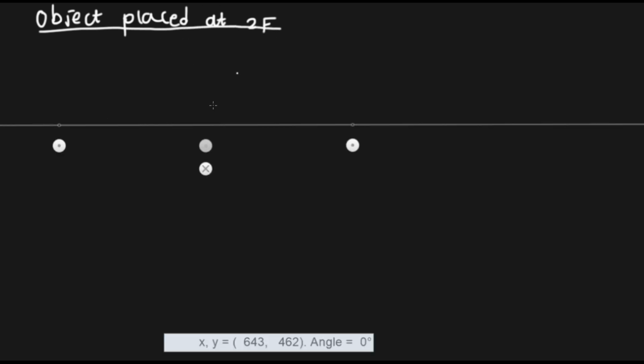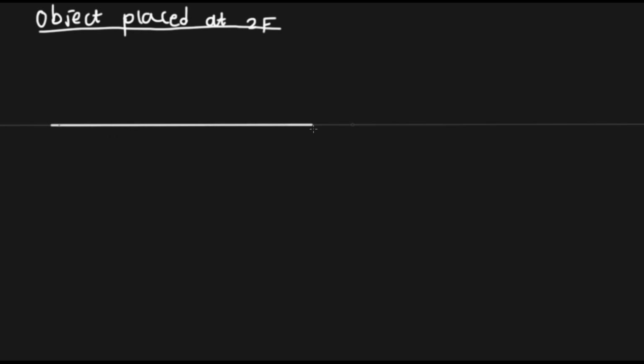Okay, so now we move on to, so what happens if we move an object and we place it at 2F? Right, so the same step, you draw the principal axis.